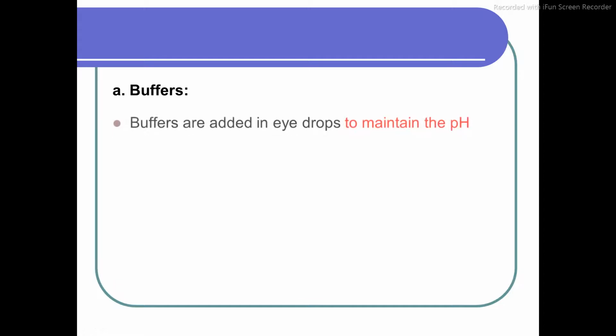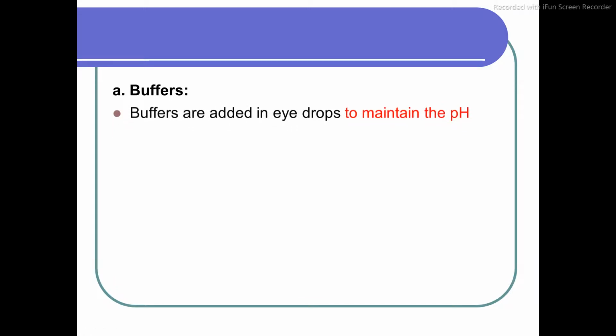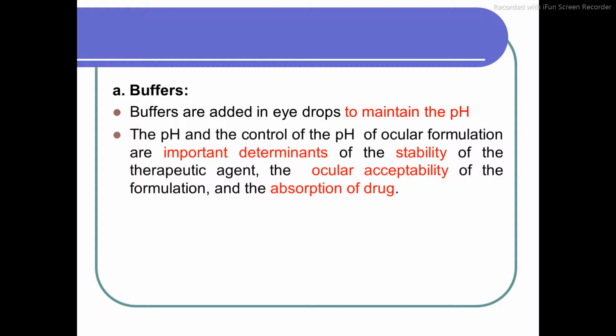Next one is the buffers. So buffers are added in eye drops to maintain the pH. We know very well that buffers are the agents that can resist the change in pH, and these are very important determinants. Why are the buffers very important? Because buffers can ensure the stability of your therapeutic agent.